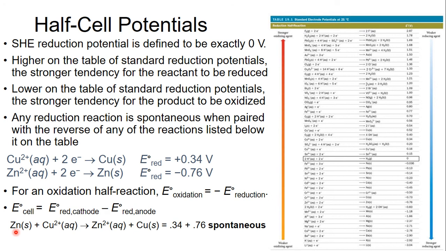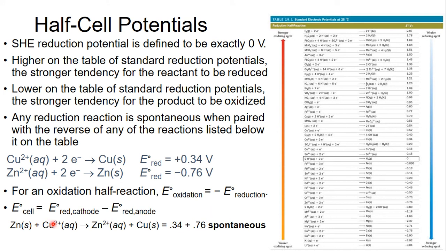So here we have zinc going to zinc plus 2. So that is being oxidized, that is losing electrons, and so that would be our anode, right? So if we look at zinc, it has a reduction potential of negative 0.76. Put that value into our reduction potential for our anode, and we get positive 0.76.